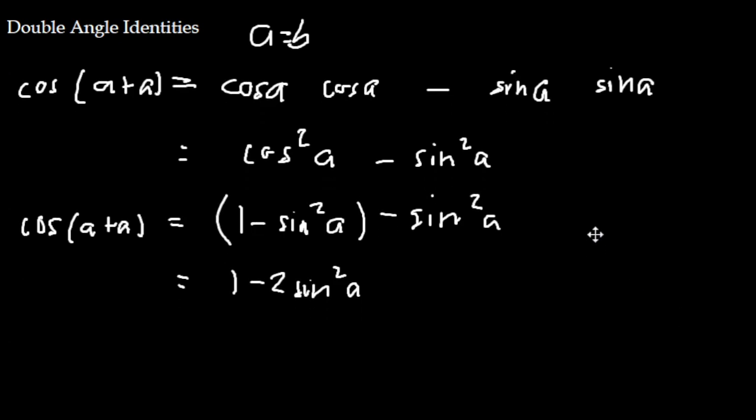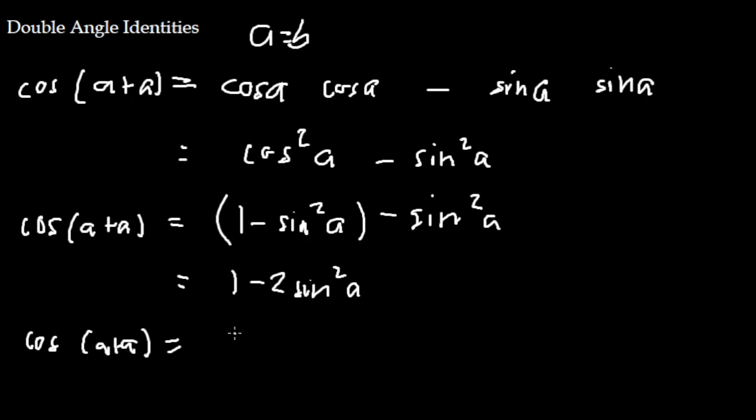Mayroon pa tayong pangatlo kasi we can now write it in terms of, instead ng sine, we can write it now in terms of cosine. Now, cosine of 2A is equal to, still remember this, yung formula na to, we can now write it in terms of cosine.